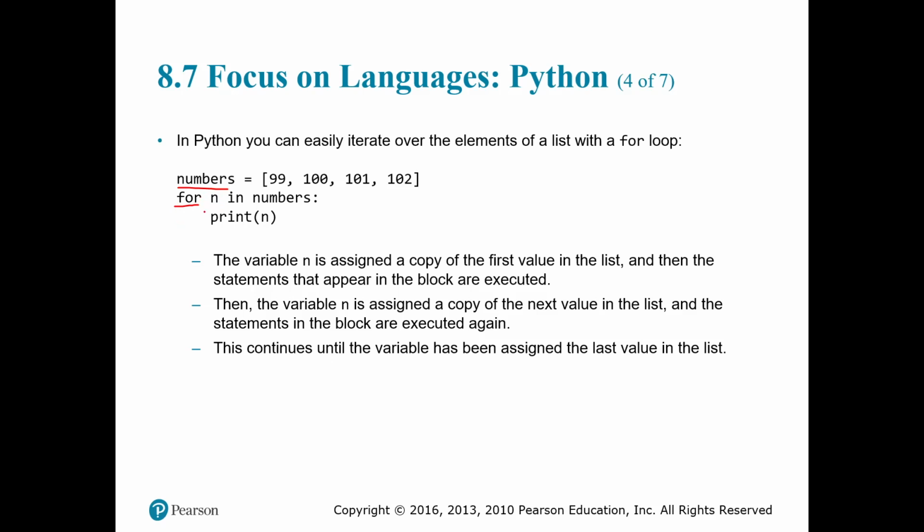This can be any word that you want it to be. For something in numbers, remember the name of our array, numbers, then you put your colon and whatever you want to do. So in this example, we do print n. So all it will do, it's just going to print your numbers, 99, 100, 101, and then 102. This is what this loop is going to do.